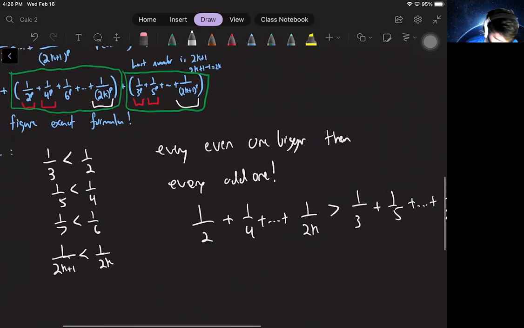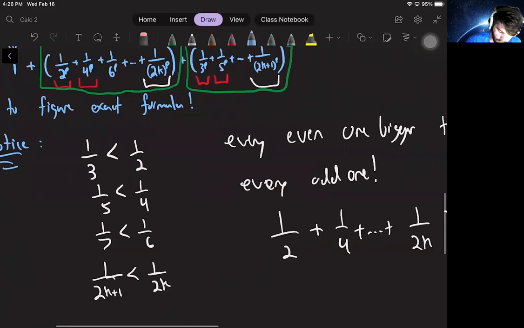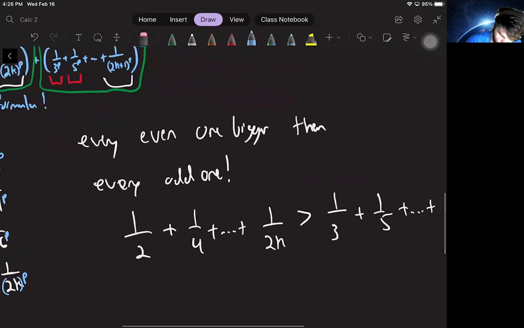But of course, you can just power these guys up, and everything will work exactly the same. So let's just put that in there as well.